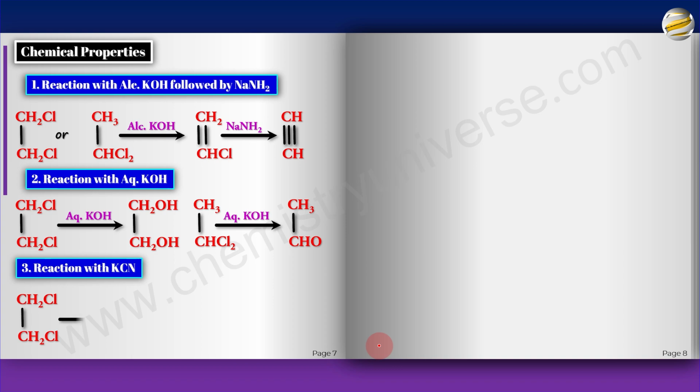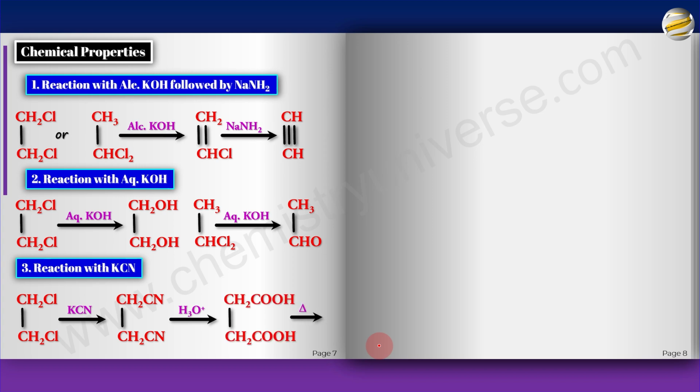So you have KCN reacting with the vicinal dihalide, and you'll get both CNs. And you heat this with H3O+, you'll get an acid, which if you further heat will give you an anhydride. And we'll talk again more of this when we do ketones. In ketones, we'll talk about when you'll get an anhydride, when you'll get a ketone, etc. So let's say this is succinic acid, and of course the anhydride is succinic anhydride.